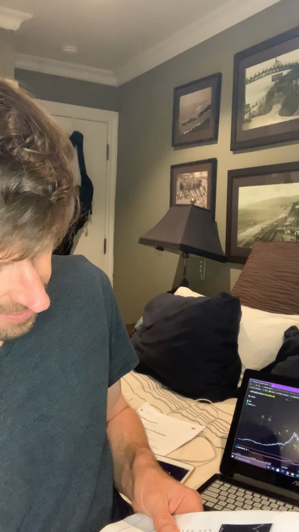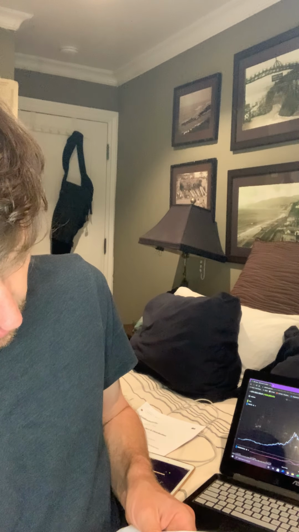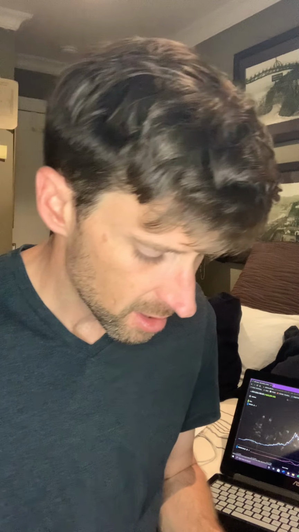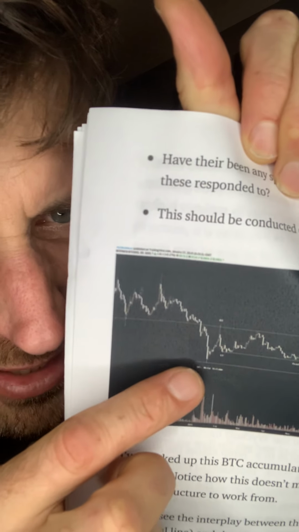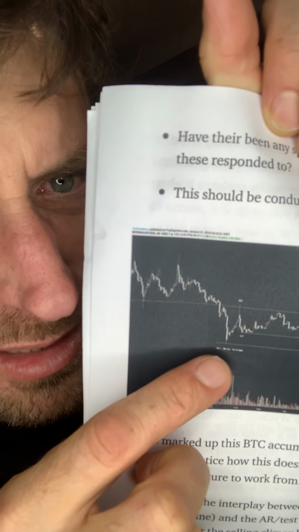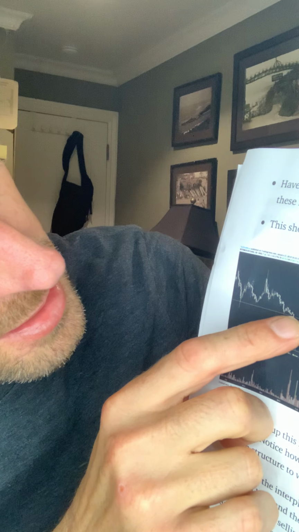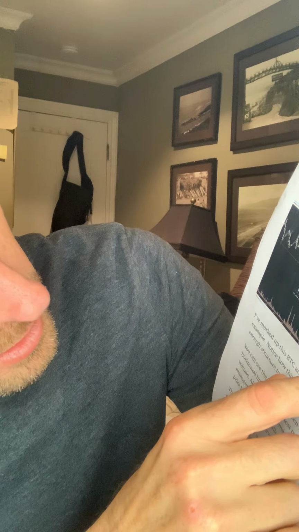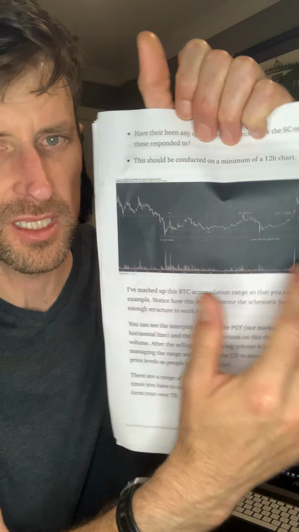Notice how this doesn't mirror the schematics, but it gives you a strong enough structure to work from. Right here, I know this is really lame, but there's the ST, this is the AR, and then we got a long line of stuff going on after that.